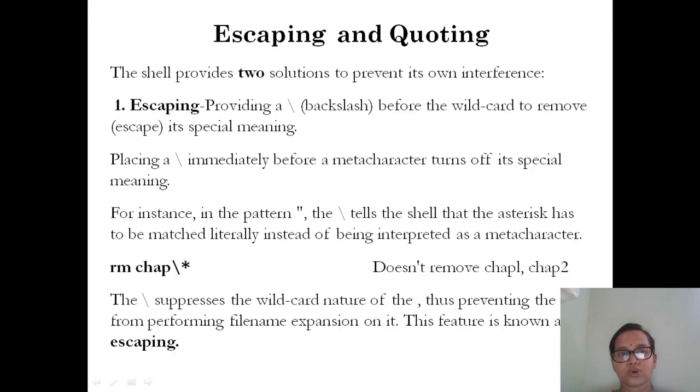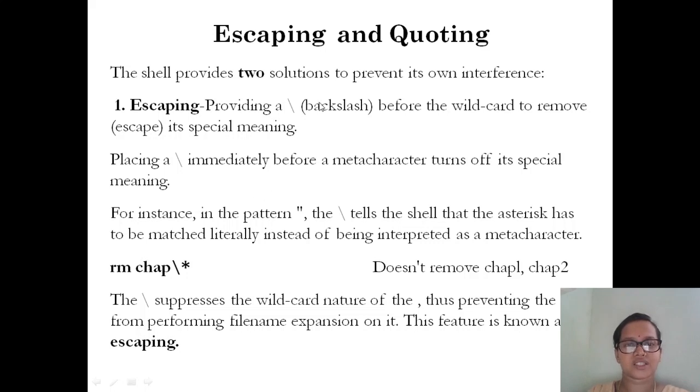In order to do that, the shell provides two solutions to prevent its own interference. The first one is escaping. What is this escaping? It provides a backslash before the wildcard in order to remove its special meaning.